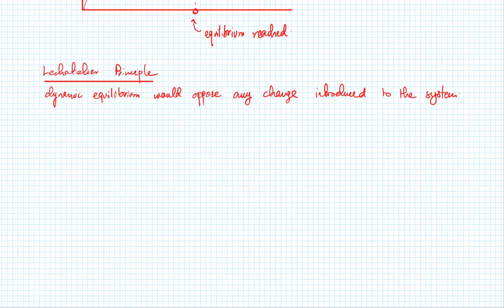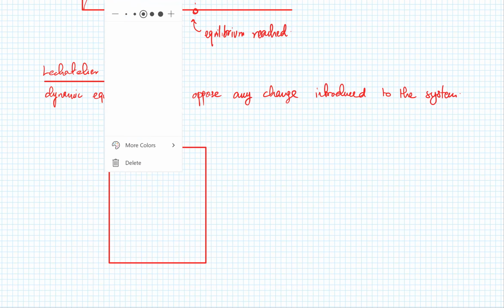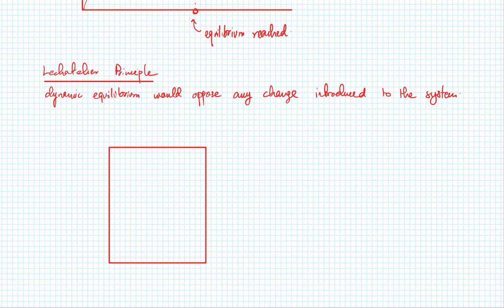The example is the same: let's say we have a water container. Okay, let's assume that the water container is at equilibrium. There's liquid water.